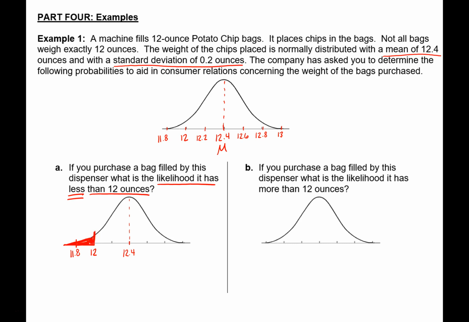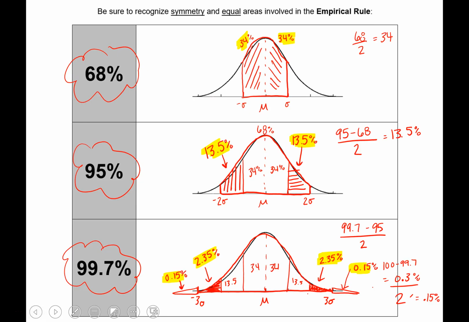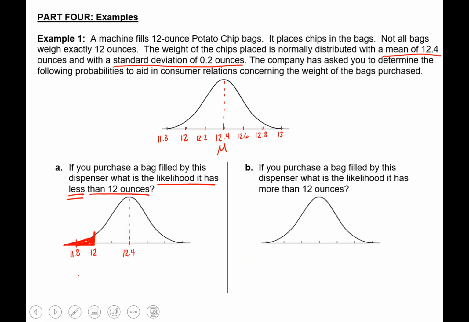All right, so now is where those rules from a moment ago are going to come in handy. Specifically, I'm going to use these numbers here because look at that shading there. I shaded from the end of the graph up to that second on the left standard deviation mark. That means then that I can do that same labeling on this one.